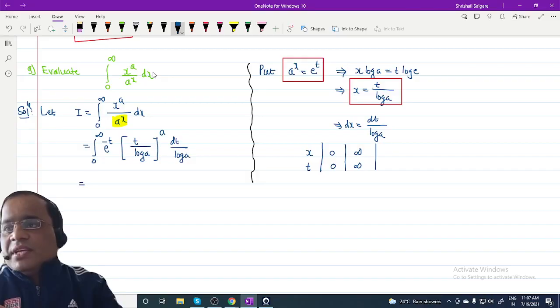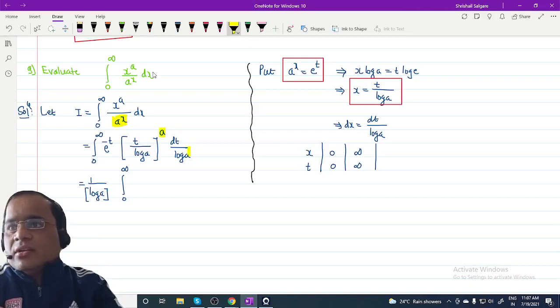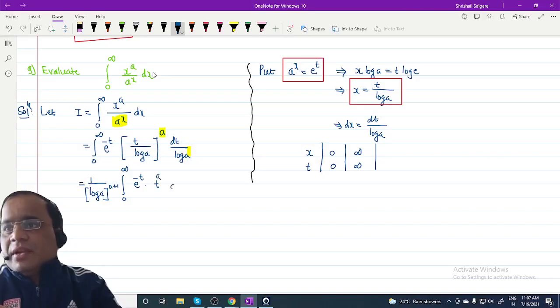So the constant term 1 upon log a I will take outside the integral. And what is the power then? Log a raised to a, and here log a raised to 1, so its power becomes a plus 1. And the remaining is e to the power minus t, t to the power a dt.